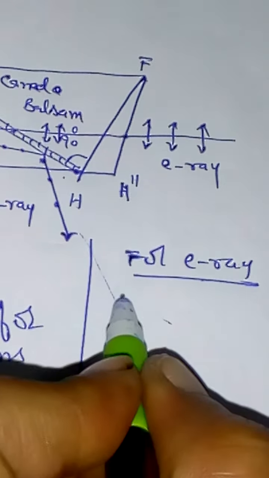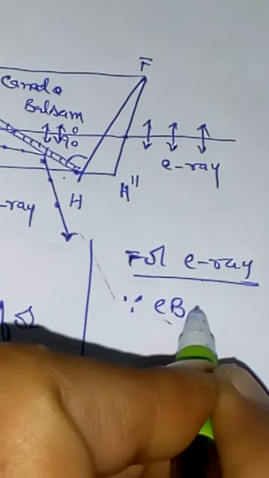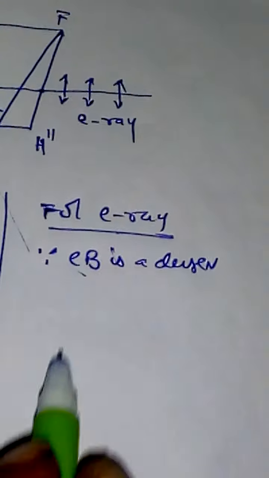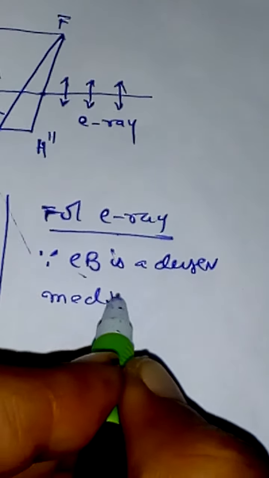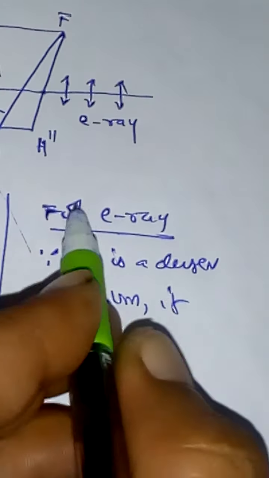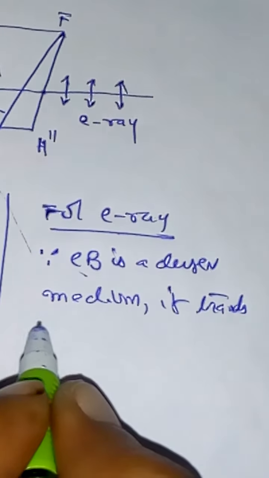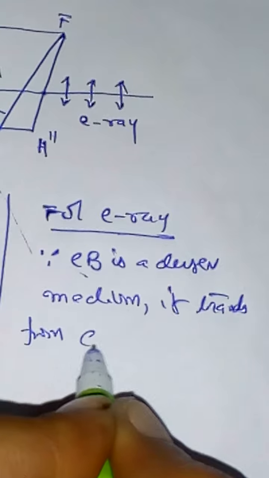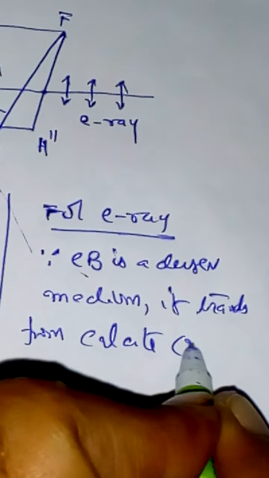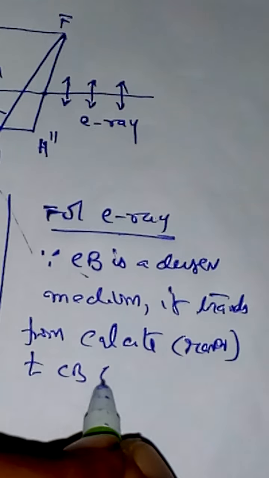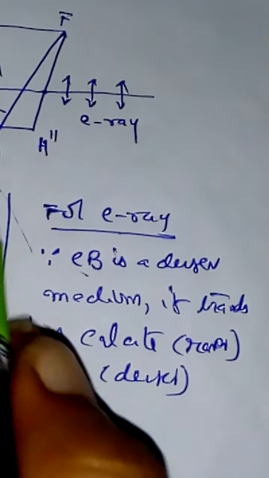Since CB is a denser medium, what is happening to the extraordinary ray? It travels from calcite, which is rarer, to CB, which is denser, quite opposite of that.